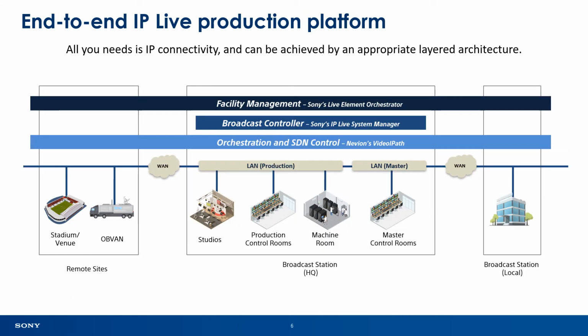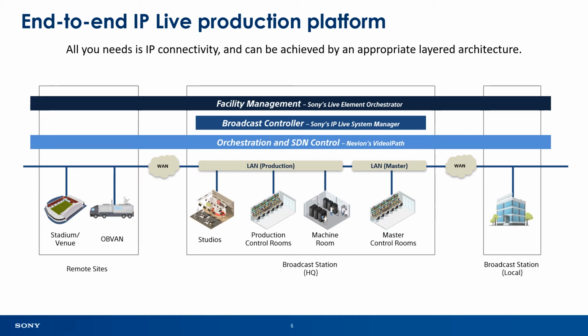Let's break it down to explain in more detail our complete IP Live production platform concept. The first layer at the bottom is our current production facility, with the broadcast station, maybe with remote sites, remote stadiums, and local stations. They are connected through WAN, and the in-house connection is LAN for productions and master rooms.